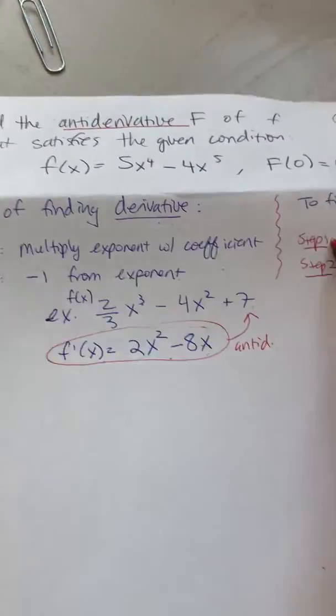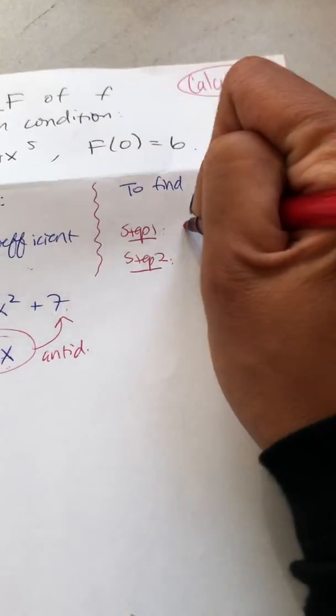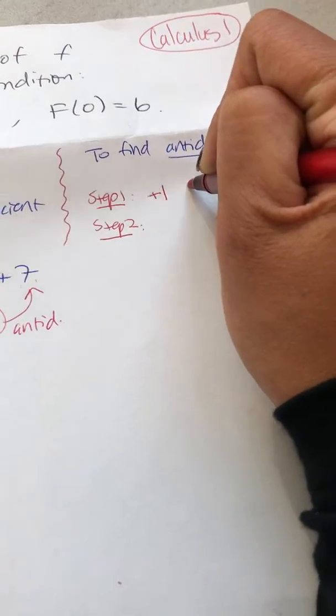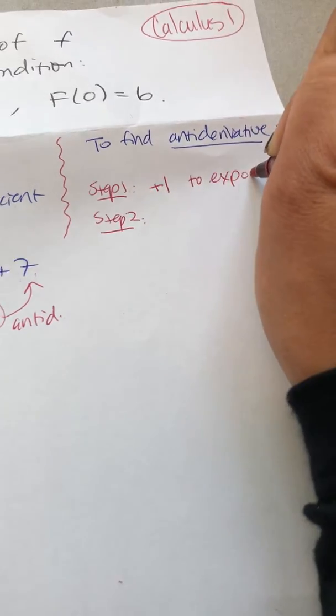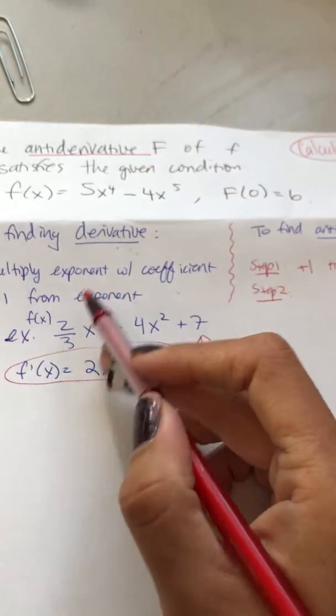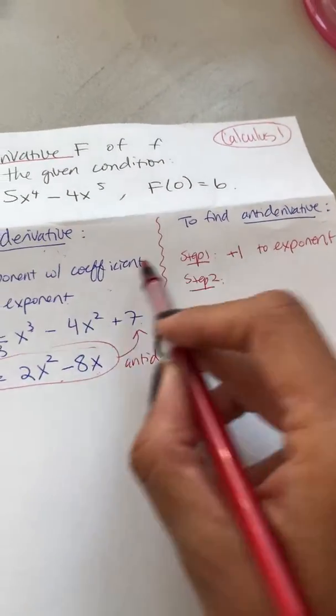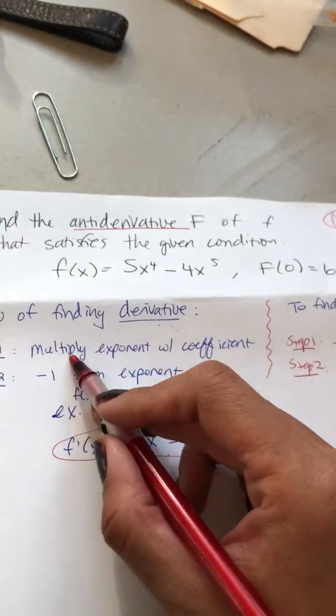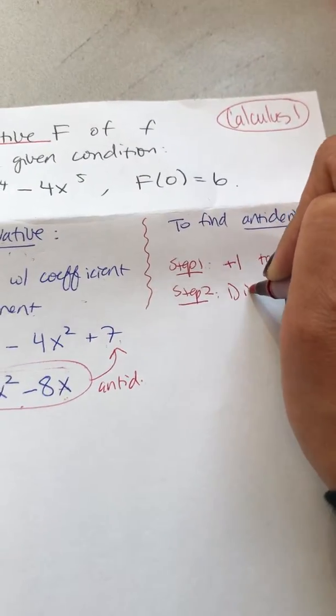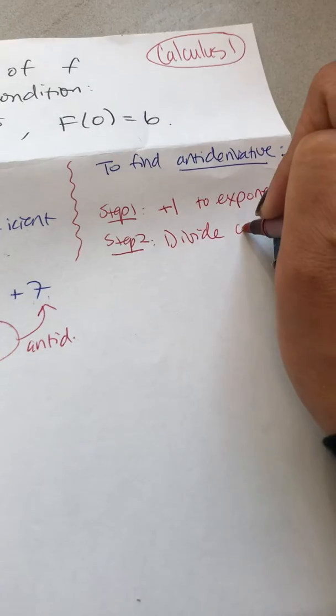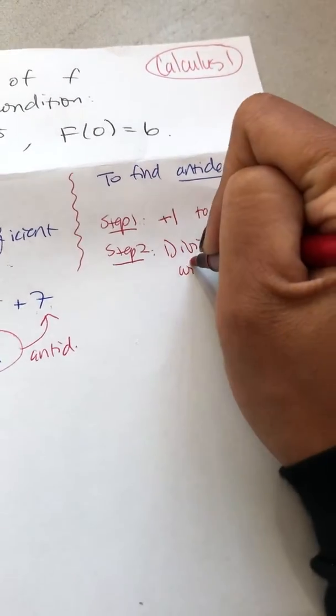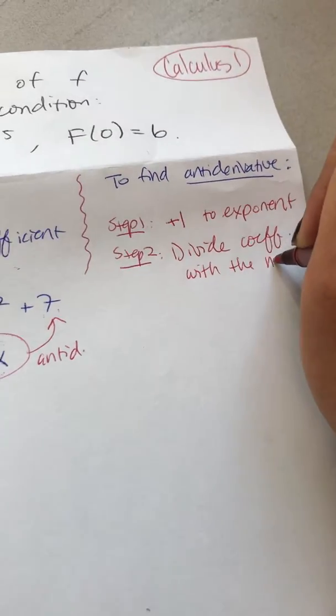So the first step is to add 1 to the exponent. You're going to reverse these steps: add 1 to the exponent, and then instead of multiplying, you're going to divide the coefficient by the new exponent.